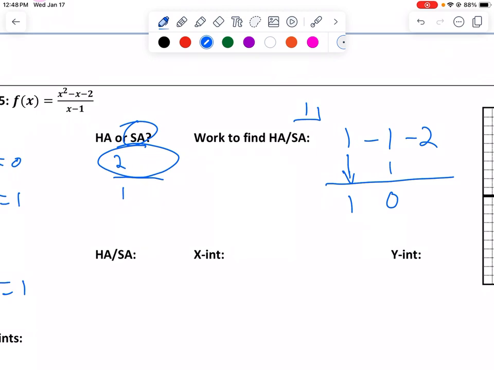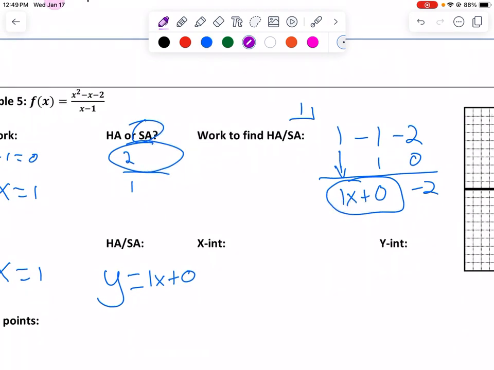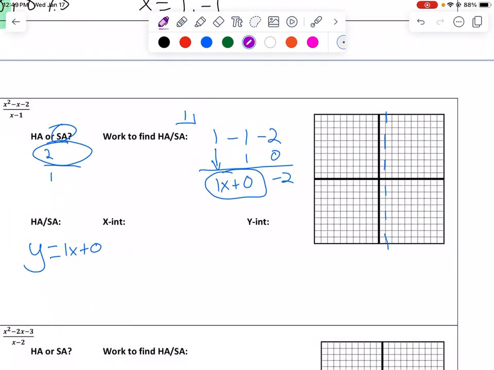Combine these, and then 1 times 0 gets us 0. And then -2. And really what we care about then is this is x, so it's 1x plus 0. So y equals 1x plus 0. And that's going to tell us the equation of our slant. So our slant starts at 0 and then counts up 1 over 1.